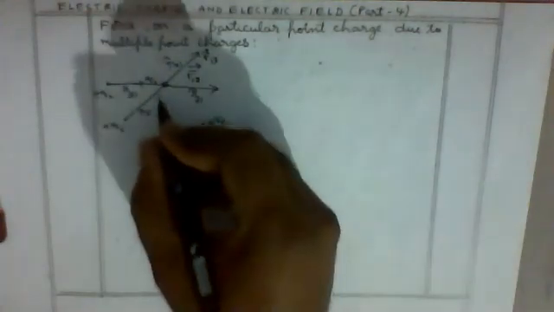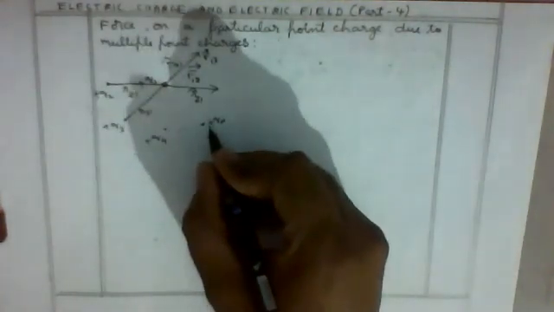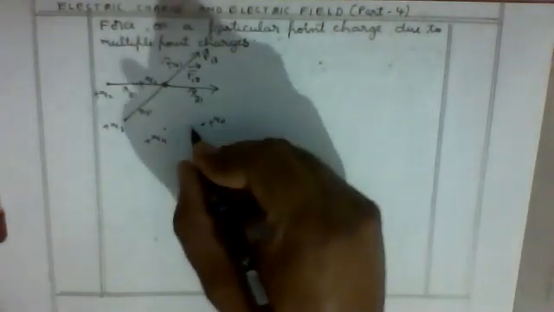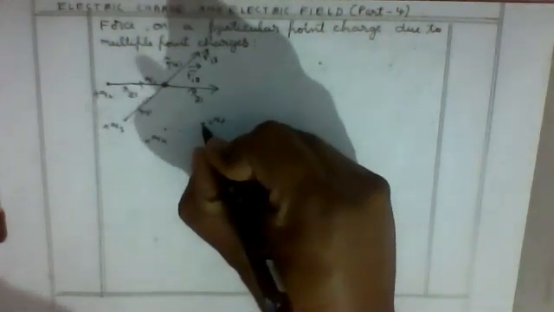And the force acting on plus Q1 due to plus Qn is the F1n vector.